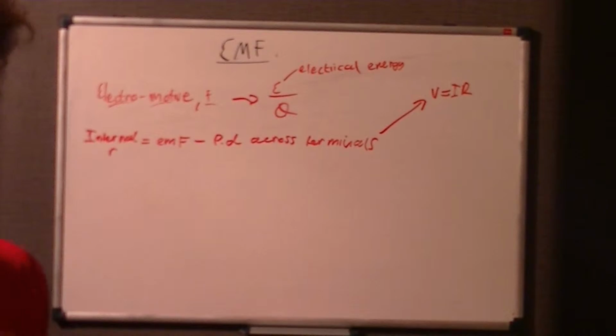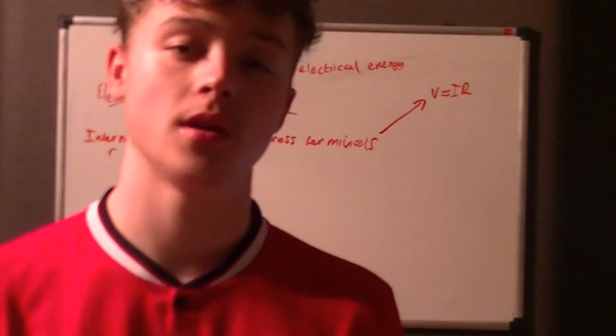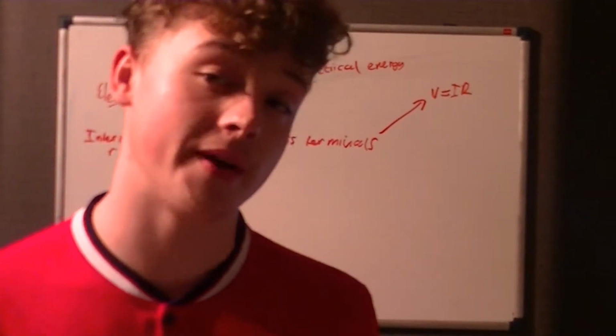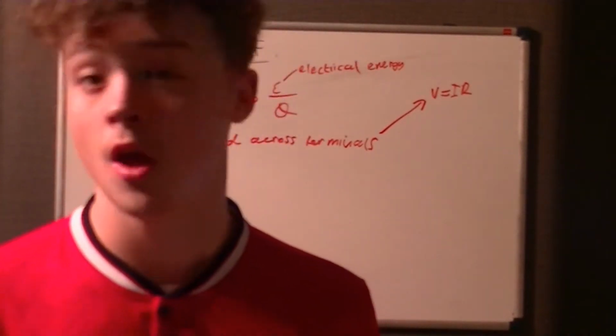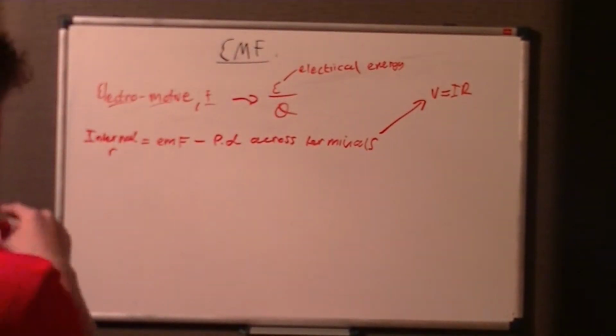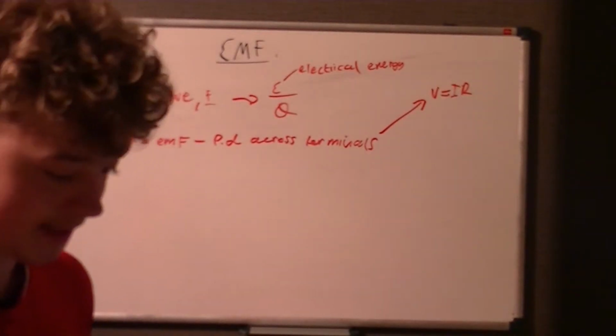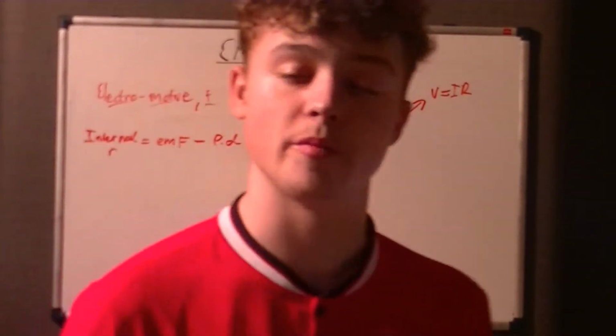So your internal resistance, well, what is that? Well, you can have an external resistor, a resistance in the form of a variable resistor or any type of resisting material. However, the internal resistance is the internal resistance of the material.